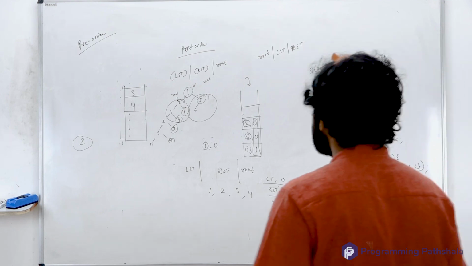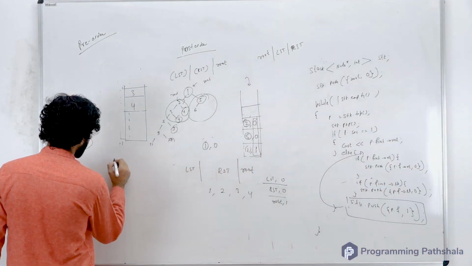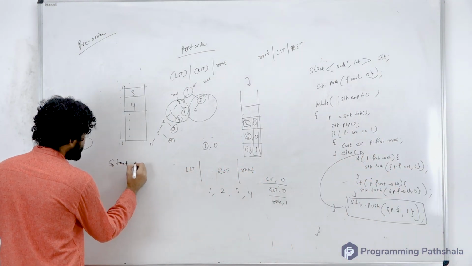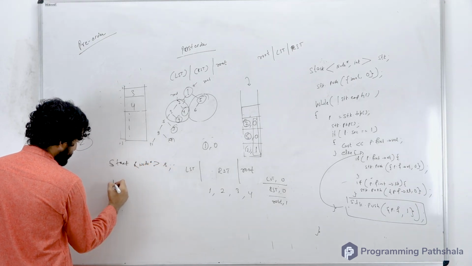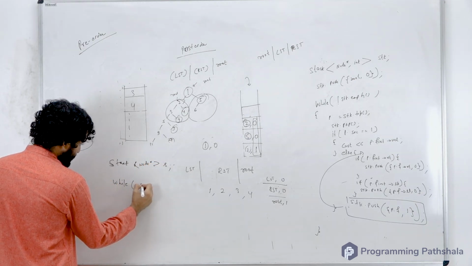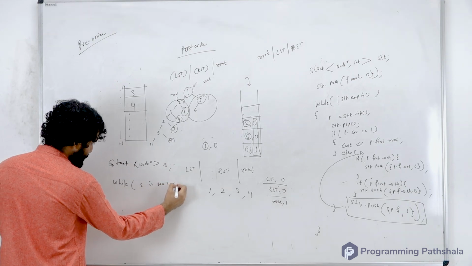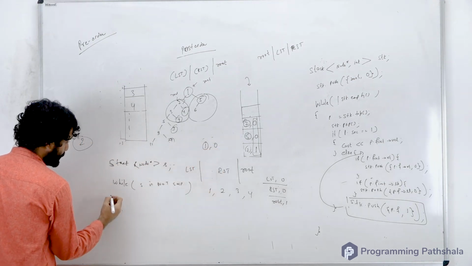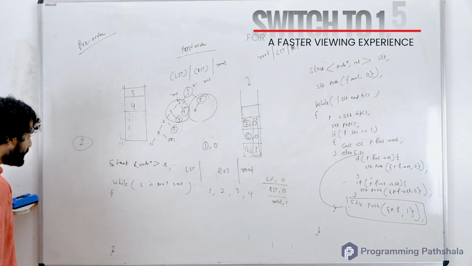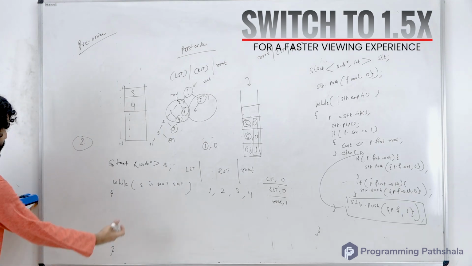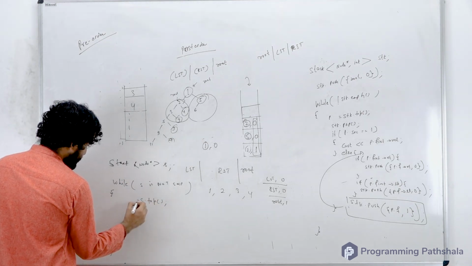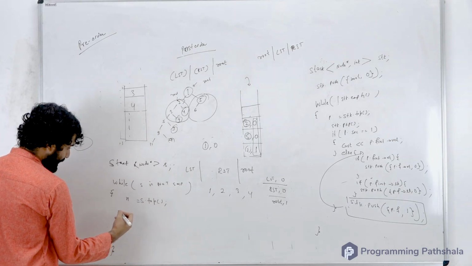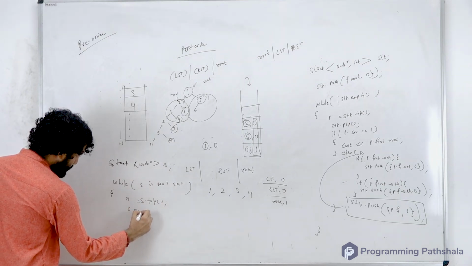Again, now it becomes very, very simple. Now you'll just have a stack of node star, we call it S, and while the stack is not empty, I'm just writing the pseudocode. The first thing you do is take the element from the stack, let's say that element is node star n, and then you pop it.